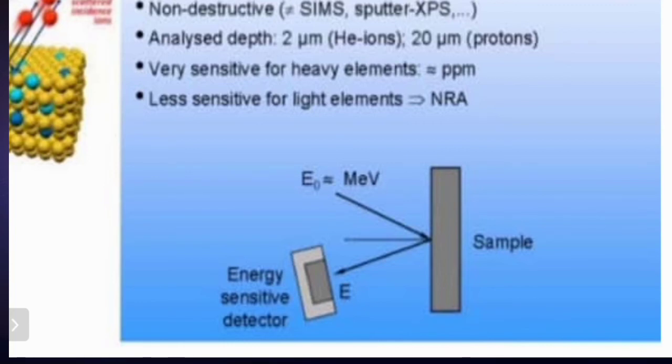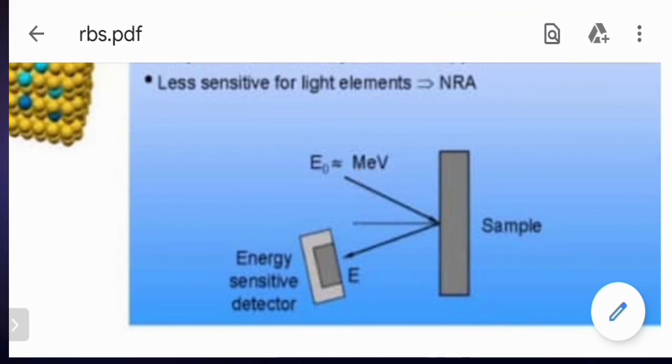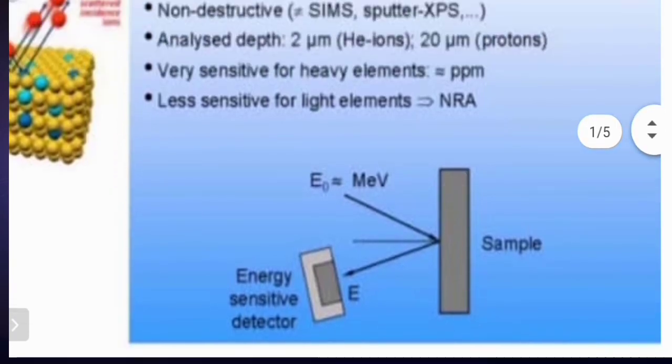It is less sensitive for lighter elements and more sensitive for heavy elements, because the difference in the masses of the primary particles, helium and hydrogen, and the sample gives you better results. If there is a large difference between the incident particle and our sample, it gives better results. So it is a more sensitive technique for higher, or heavy, elements.